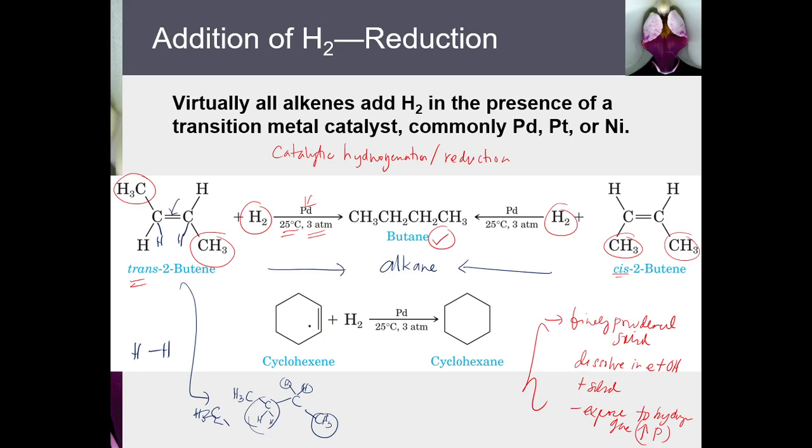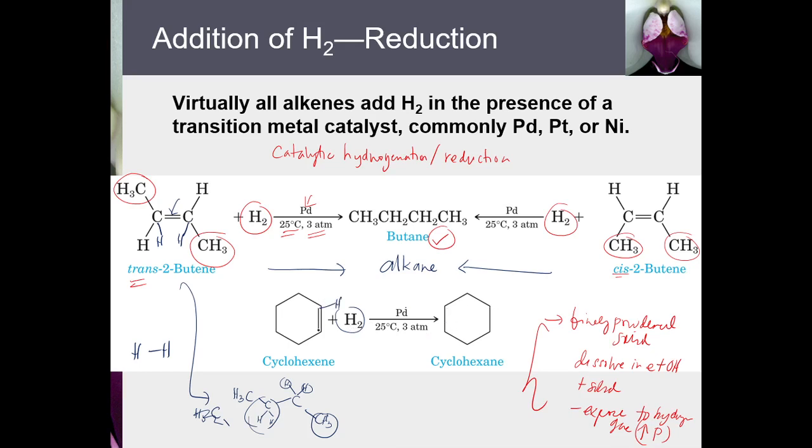So, let's give another example. This is cyclohexene, a ring structure with 6 carbons. You have a double bond somewhere between 2 carbons, that's why it's cyclohexene. You add hydrogen gas in the presence of your catalyst and pressurize your hydrogen gas. What will happen?